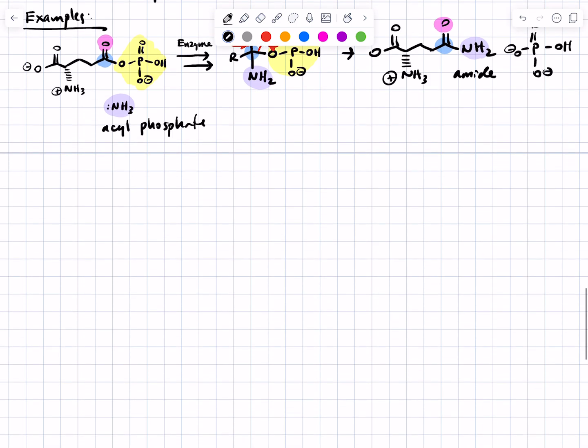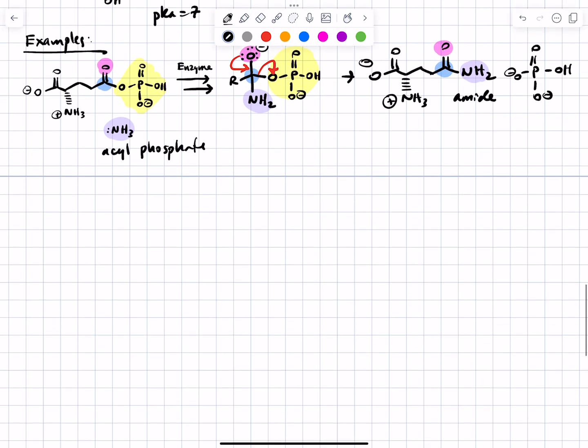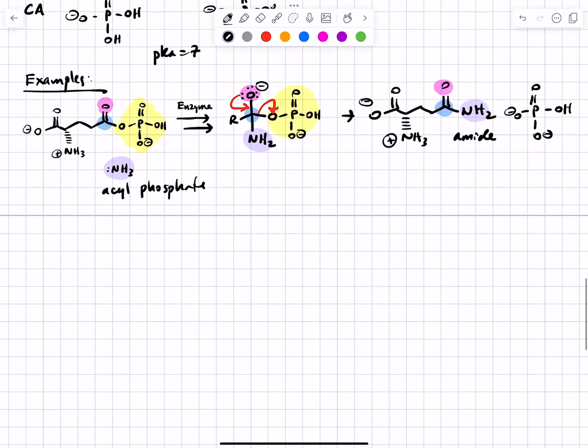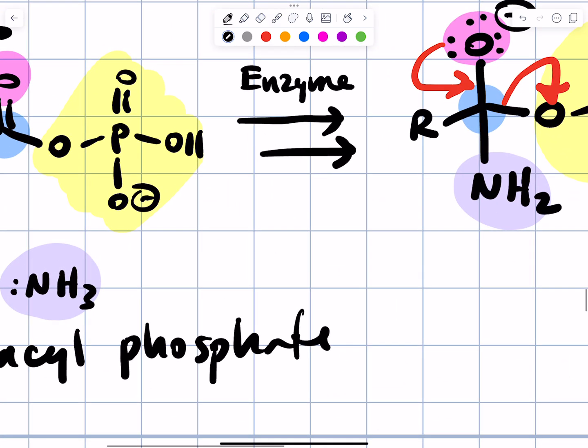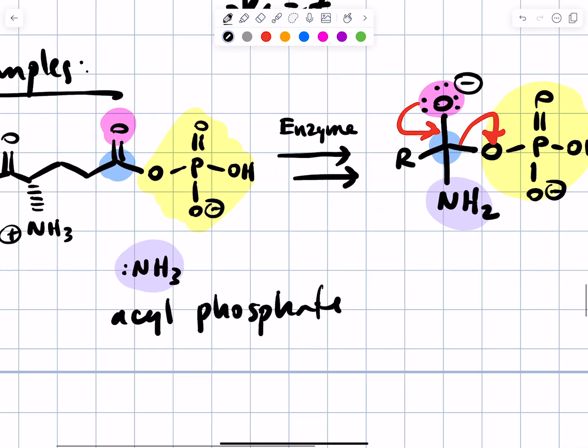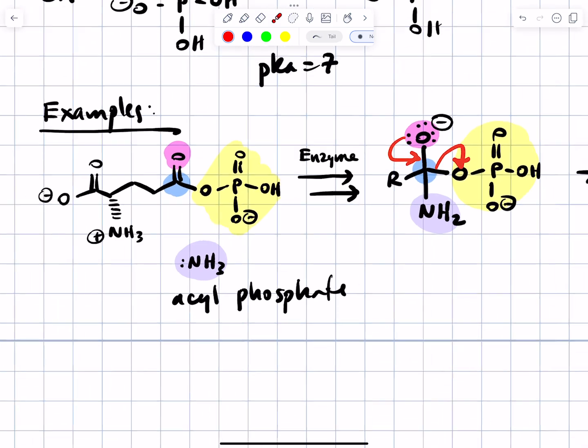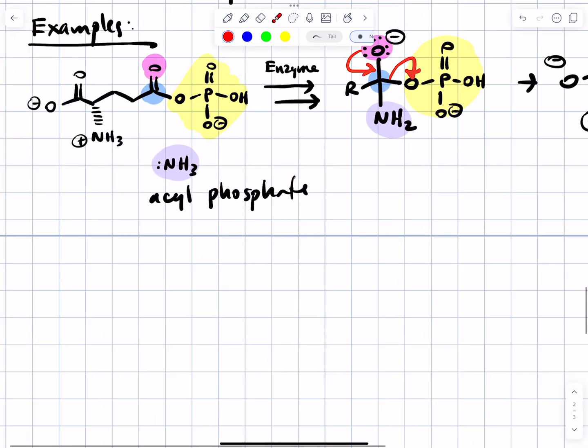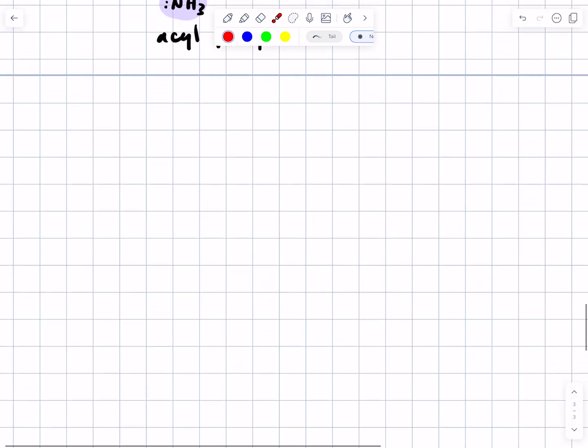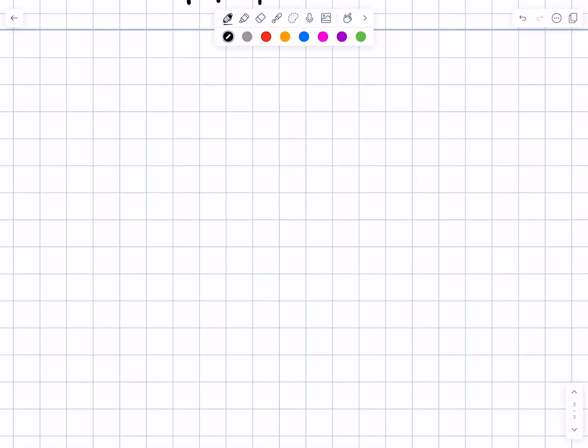Another example is a little tricky. It involves a more complicated acyl phosphate. So I told you that acyl phosphates sometimes have an OH group here and sometimes have an OR group. Now I'm going to show you an example where it's an OR group. And what I'll show you here is important in fatty acid biosynthesis.